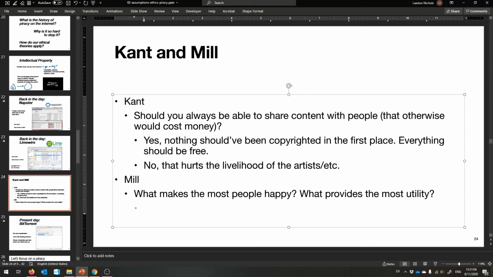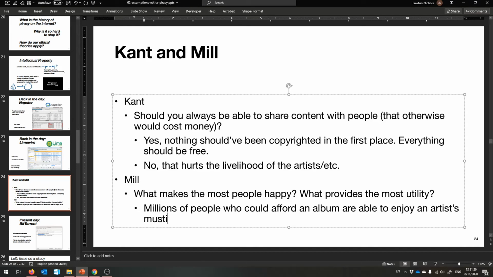But you could say that, and people have made this argument, that millions of people who could not afford, for example, a song are able to enjoy an artist's music. And one argument that you might see on the internet is that those same people who stole originally might be converted.